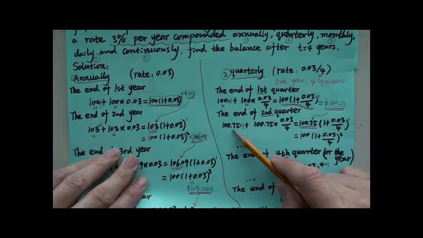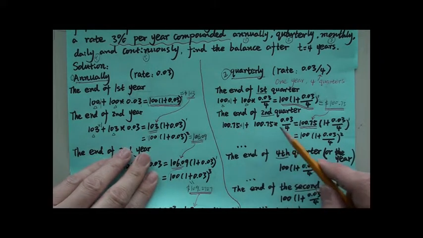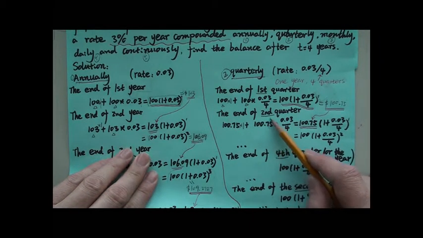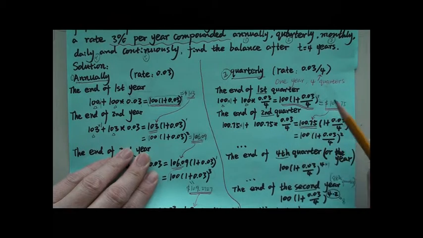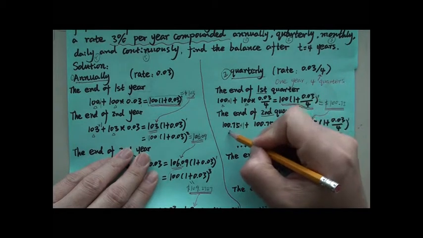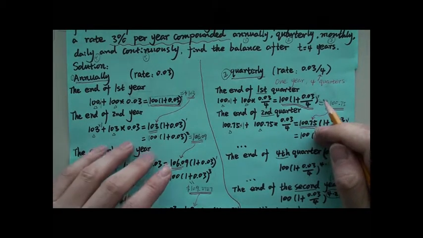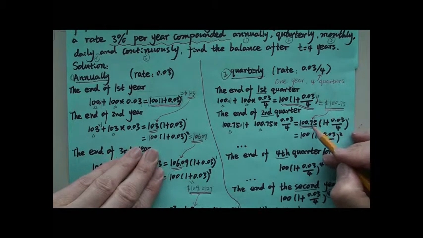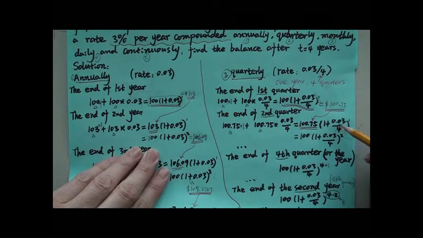So the end of the second quarter starts at the beginning of the second quarter. You have this $100.75, and then plus this starting amount of the second quarter times the quarterly rate. Again, you can pull this number out. Then you have 100.75 times 1 plus 0.03 over 4.